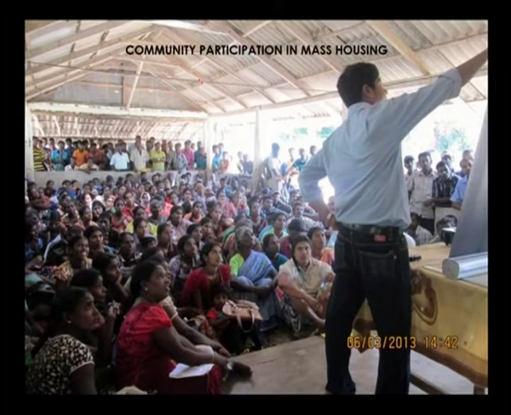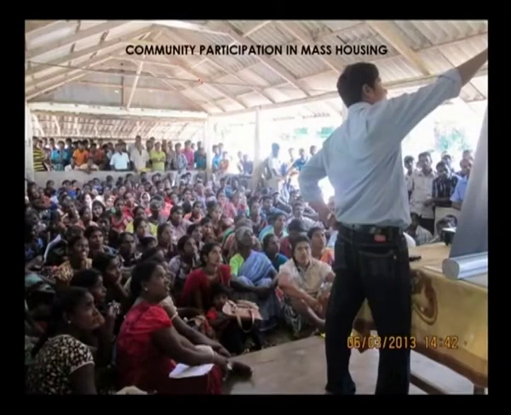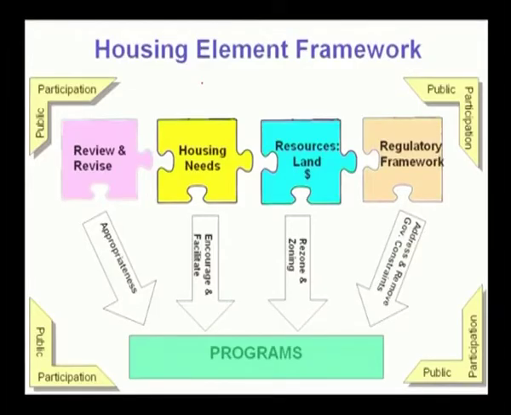So, as the image clearly shows, there is a group of people, that is a community, involved in terms of education and empowerment before even the design and build option. This involves various stakeholders: local community, authorities, governments and the public, along with architects and engineers who play a technical role in the provision of housing. The element framework is very simple, which includes the housing needs, resources, that is the land.